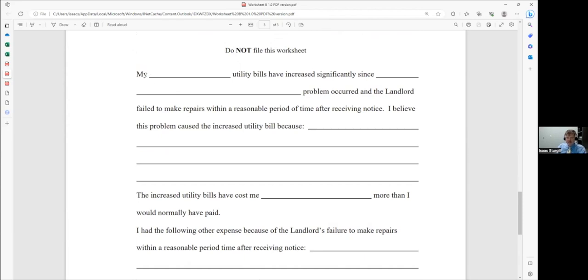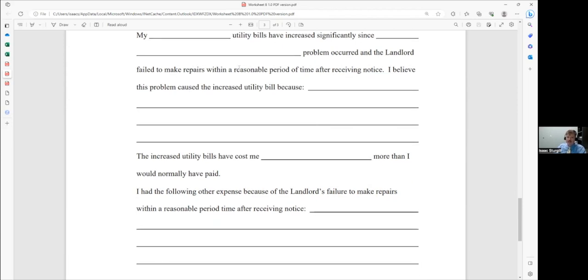So let's use an example. We could say my water utility bill has increased significantly since, and maybe we write in, since the kitchen sink started leaking. The landlord failed to make repairs within a reasonable amount of time. I believe the problem caused this increased utility bill because, and then you put why you think your bill is higher, right?